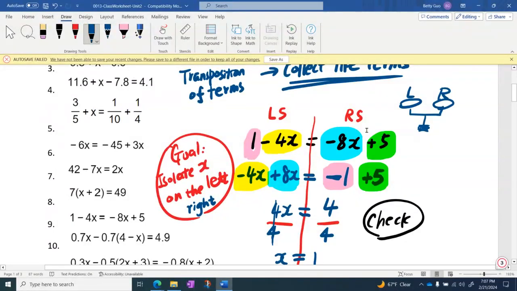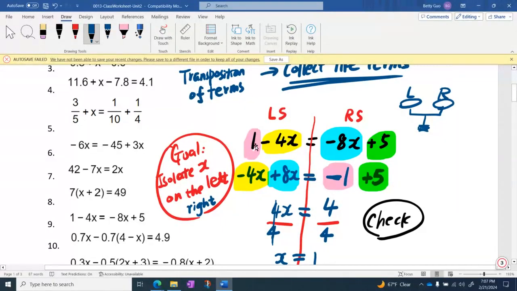But yeah, we can move the terms around, but every time we move a term from one side to the other side, we change the sign. Like this blue term on the right is negative, on the left is positive. We only have two signs, positive and negative, right?